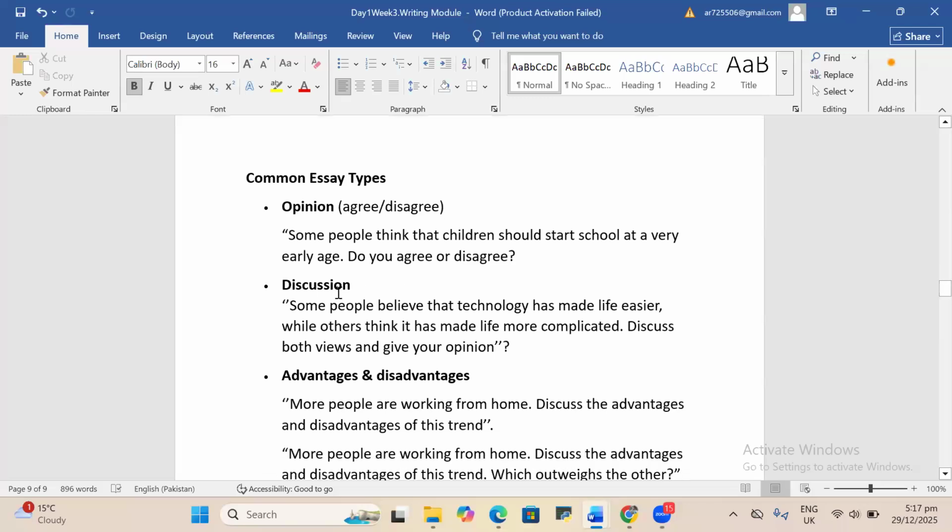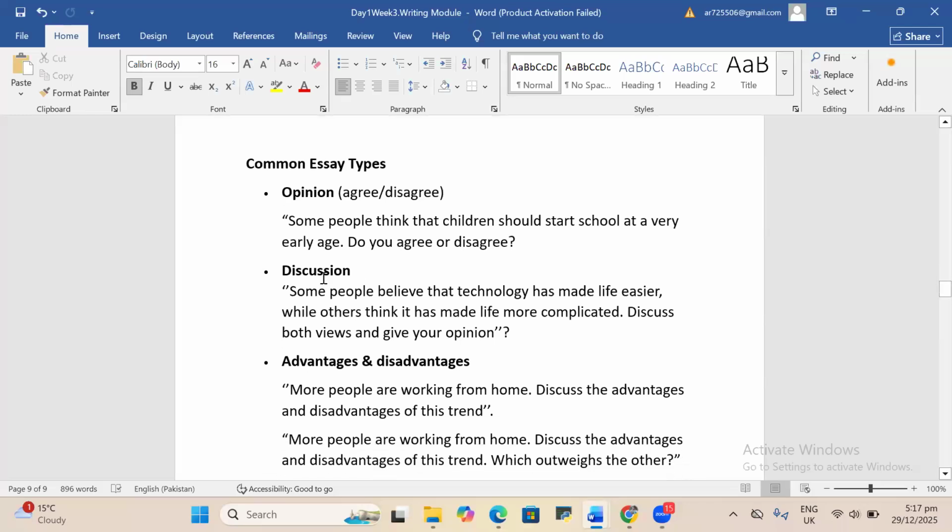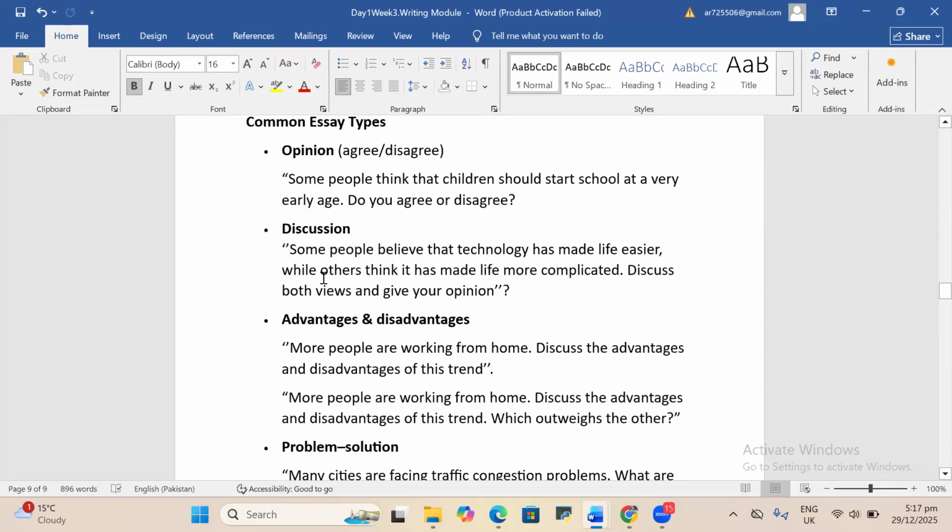And similarly, if they ask about a discussion essay, discuss both views and give your own opinion. So in this essay you need to write both views and also give your own opinion during writing.